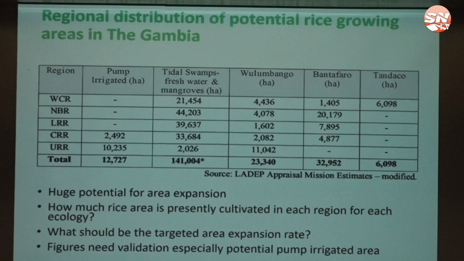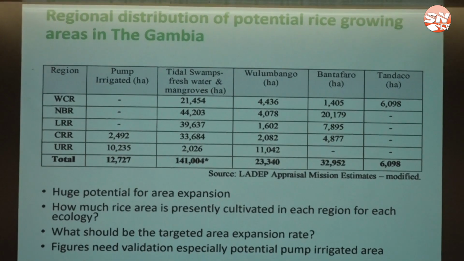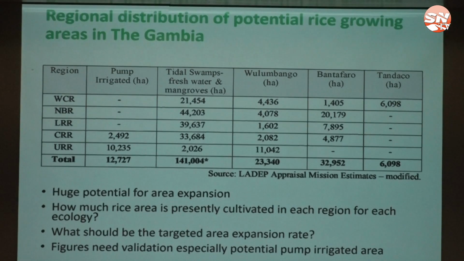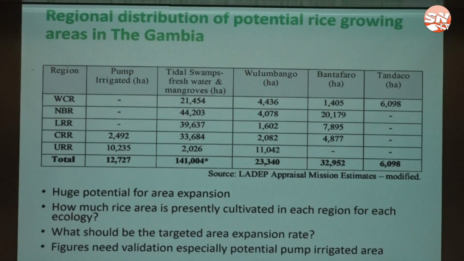If we are able to increase the yields even up to 3 tons per hectare, I think we will be able to make significant improvements in total production in a very short time. But there is definitely potential for area expansion. If I could just come back to the slide, you could see that the area increased from 35,000 to about 86,000 hectares from 2008 to 2011.